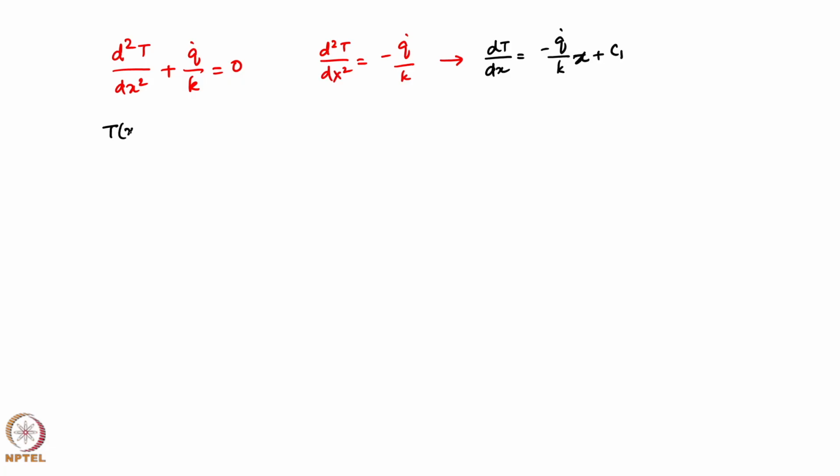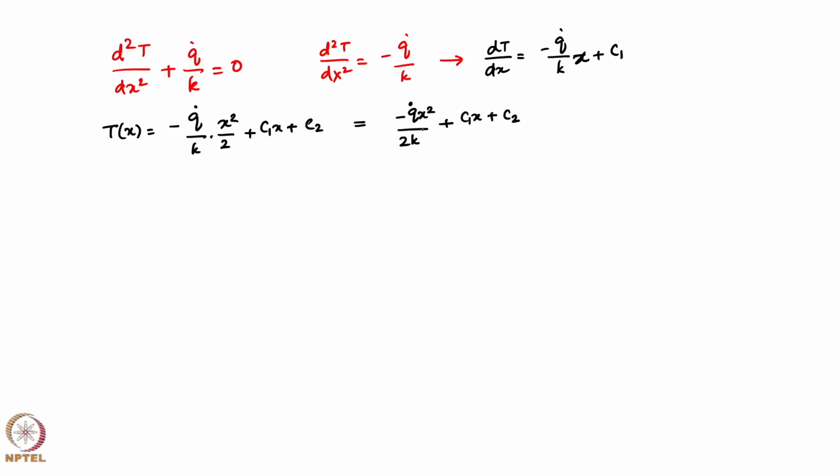Integrate again, T of x is equal to minus q dot by k x squared by 2 plus C1 x plus C2, which is minus q dot by 2k x squared plus C1 x plus C2.